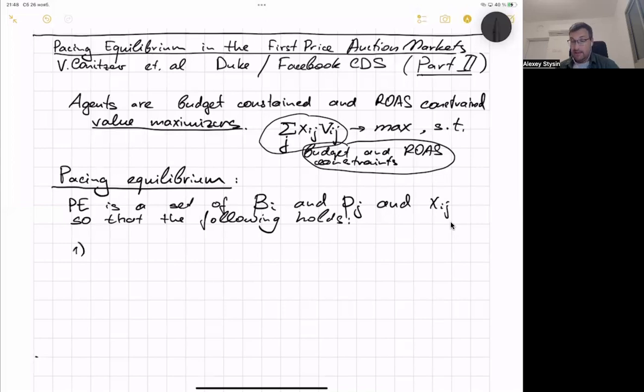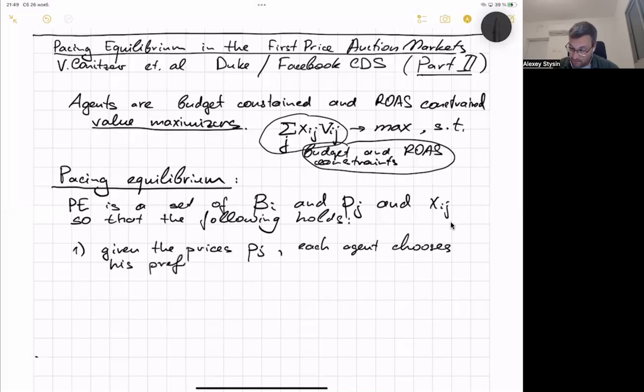First, given the prices Pj, each agent chooses his preferred bundle of items. So it's basically just the agent proposes the Xij's for this agent i.